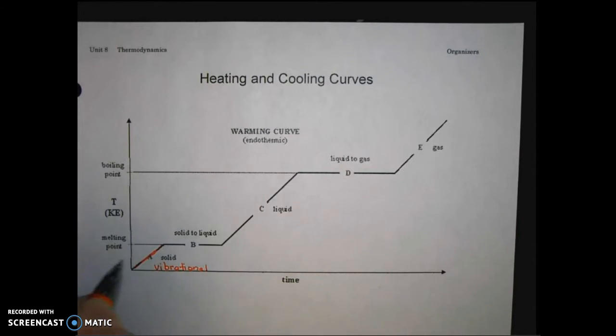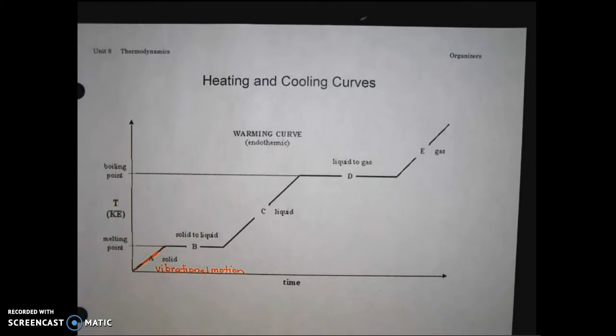So as you add energy to a solid, the atoms' bonds will start to stretch, the IMFAs will start to stretch, the bond angles will start to change a little bit, they'll start to wave back and forth and so forth. But we're not breaking any bonds at this point, and that's important to know. So there's no bond breaking going on.